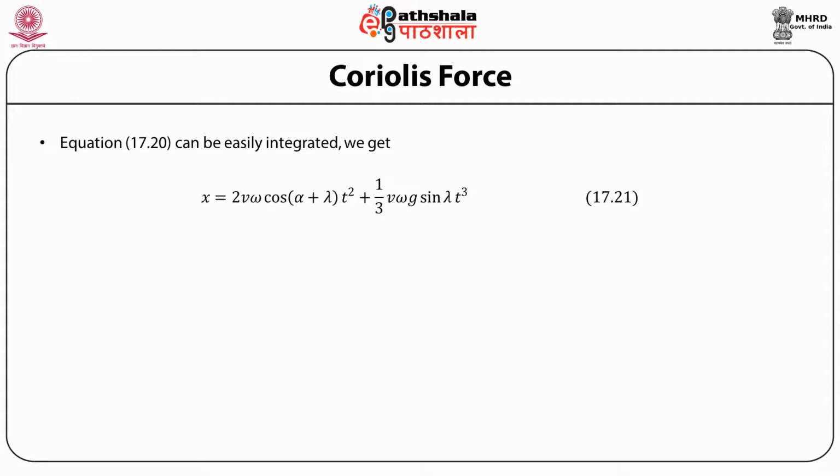We get x is equal to 2v omega cosine alpha plus lambda t square plus 1 by 3 v omega g sine lambda t cube. The time of flight is given by t is equal to 2v sine alpha by g, and the range of the projectile is given by d is equal to v square by g.